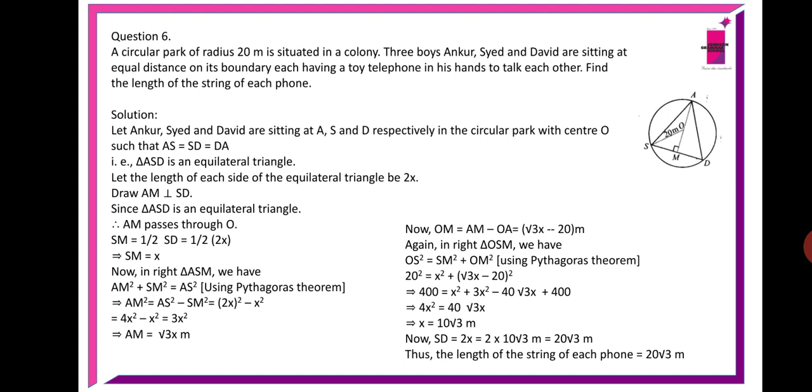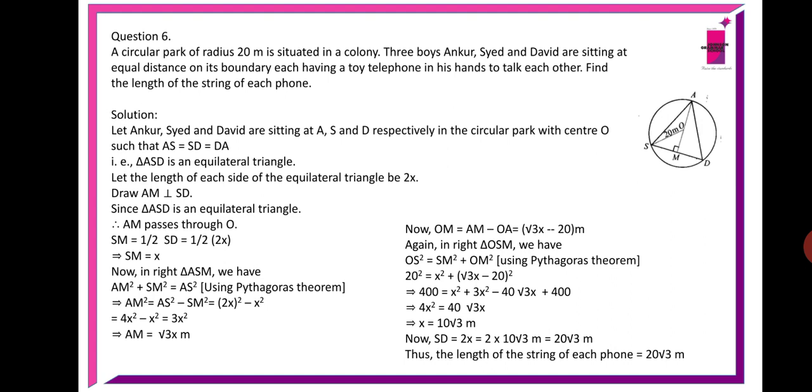Now OM equals AM minus OA, that equals root 3 x minus 20 meters. Again, in right triangle OSM, we have OS square equal to SM square plus OM square using Pythagoras theorem. Here, OS is a radius which equals 20 meters and SM we have taken as x.